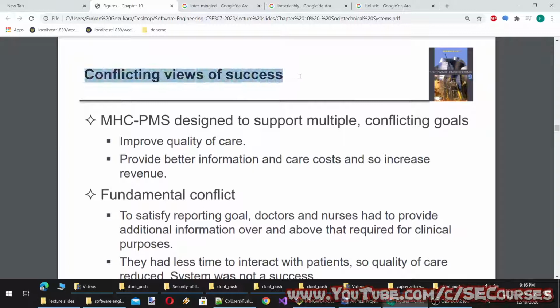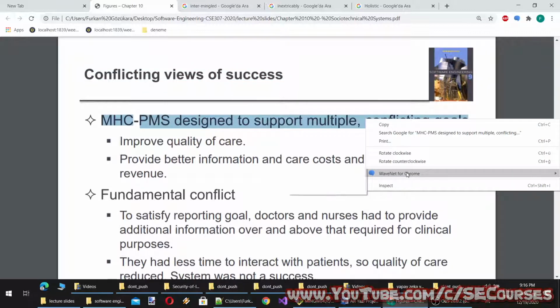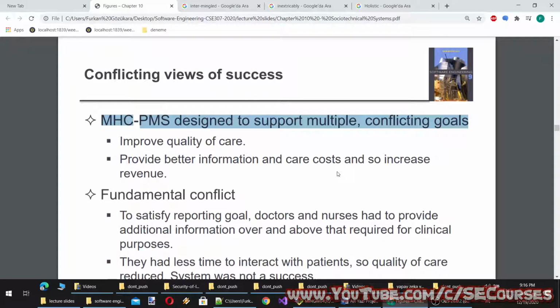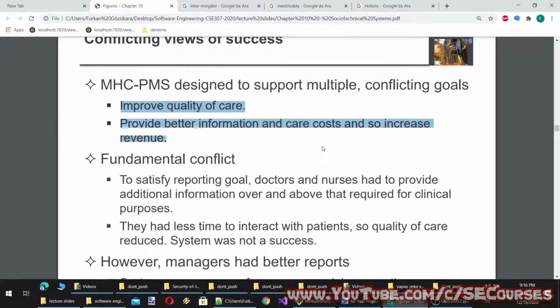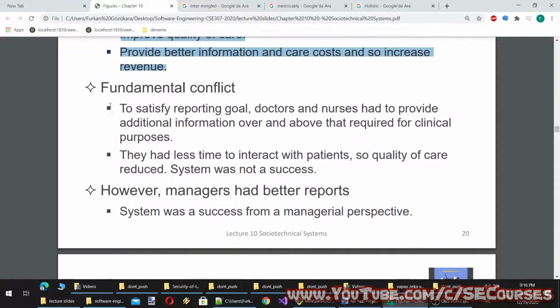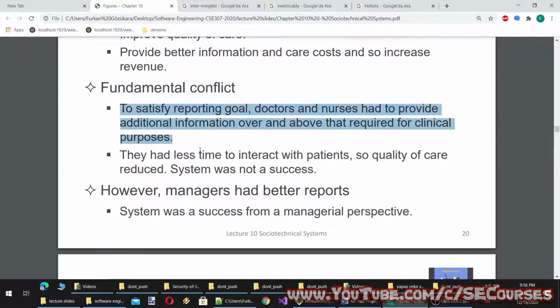Conflicting views of success. The MHCPMS is designed to support multiple, conflicting goals: improve quality of care, and provide better information on care costs and so increase revenue. A fundamental conflict is that to satisfy the reporting goal, doctors and nurses had to provide additional information over and above that required for clinical purposes.